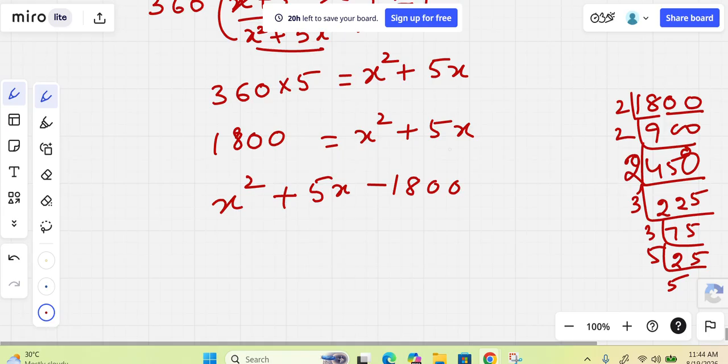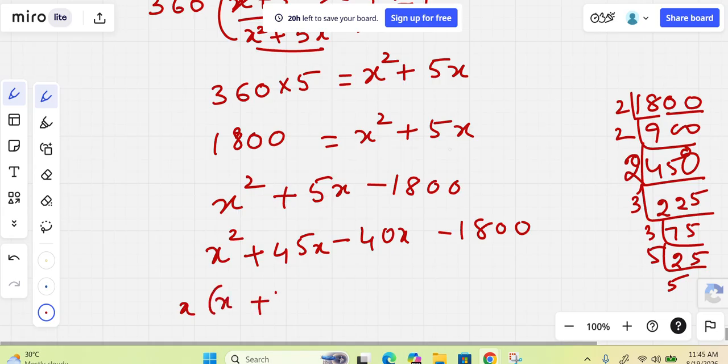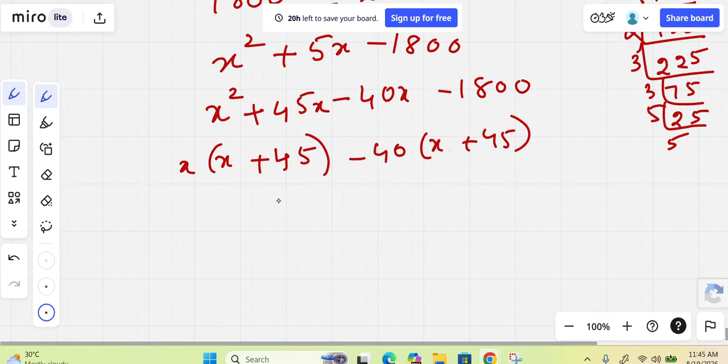Yes, ma'am, 45 and minus 40. 45 and 40. Your answer is x equal to 40.